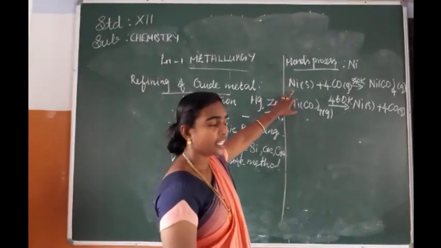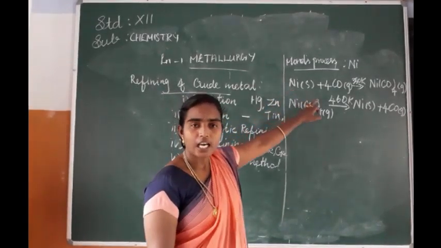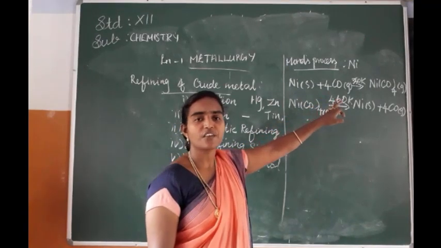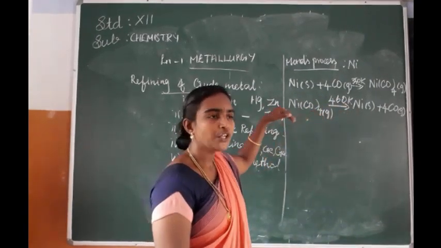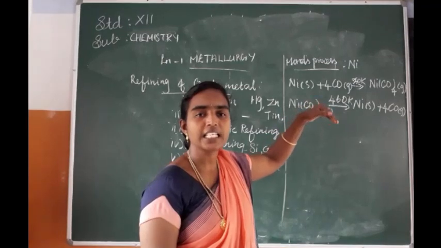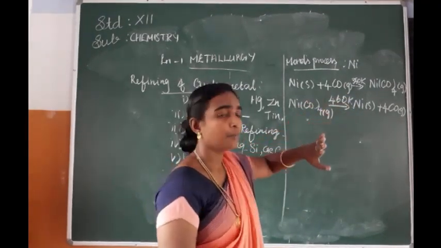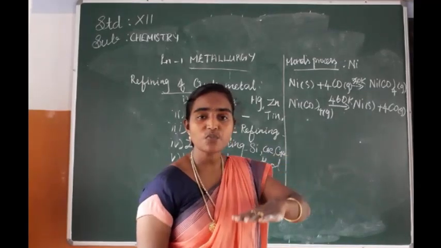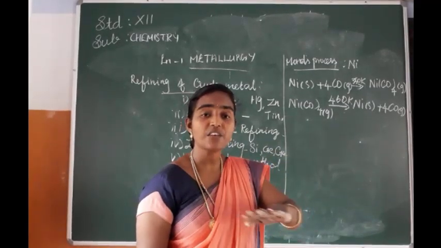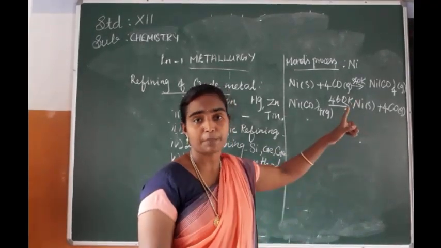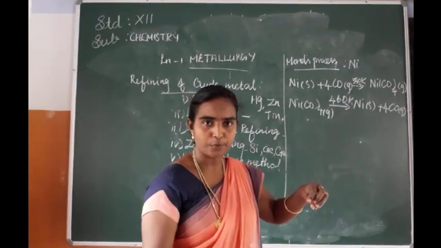So impure nickel and carbon monoxide at a temperature of 350 Kelvin. When you heat, it will form nickel tetracarbonyl. It is a volatile carbonyl compound. Okay, but the impurities will be left behind. They will not vaporize at this temperature. So we can remove the impurities.